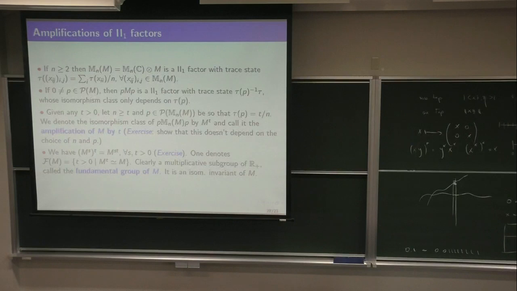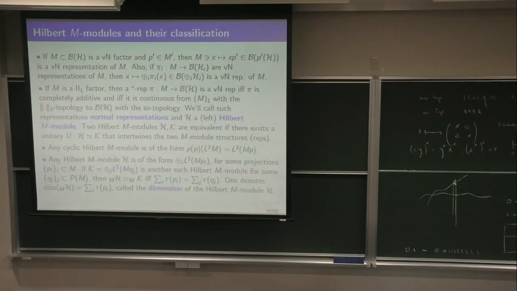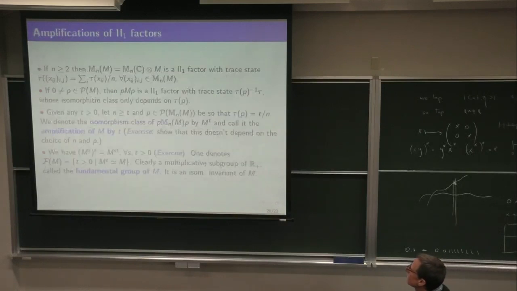And I guess we stop here. I'll do this next time because it's already 5 o'clock. You see there is this problem. We characterized abstractly the II1 factors, but we did not clarify what are all possible von Neumann representations of a II1 factor.